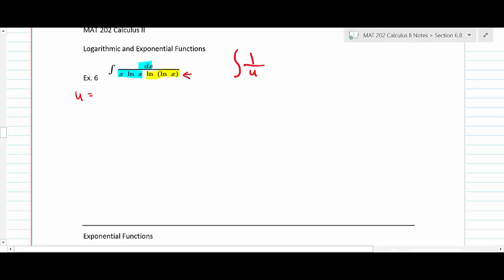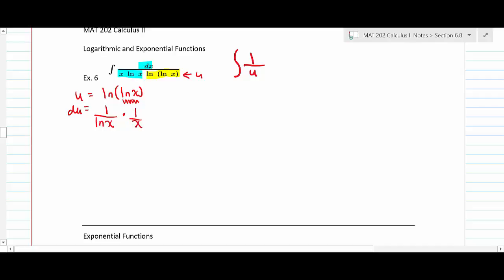Let's let the part in yellow be u. So let's write this as ln of x. I think we did that same derivative earlier. Remember, we're doing an ln of a function, so the derivative is 1 over the function, ln x, times the derivative of the function. So the derivative of ln of x is what?